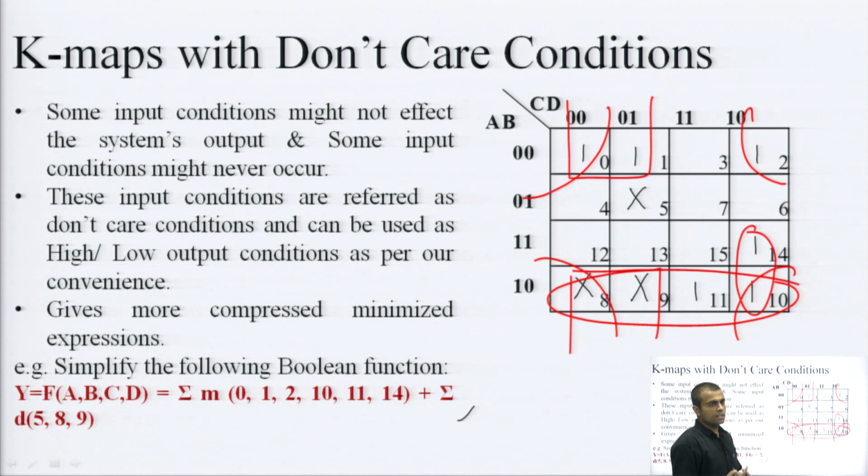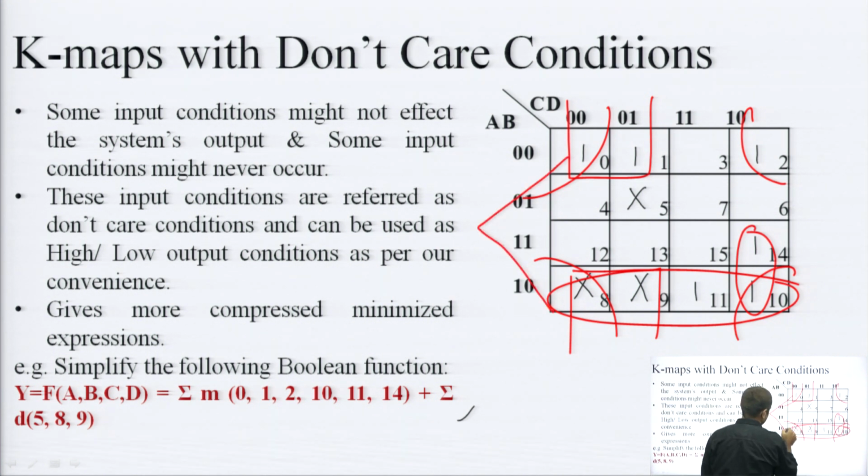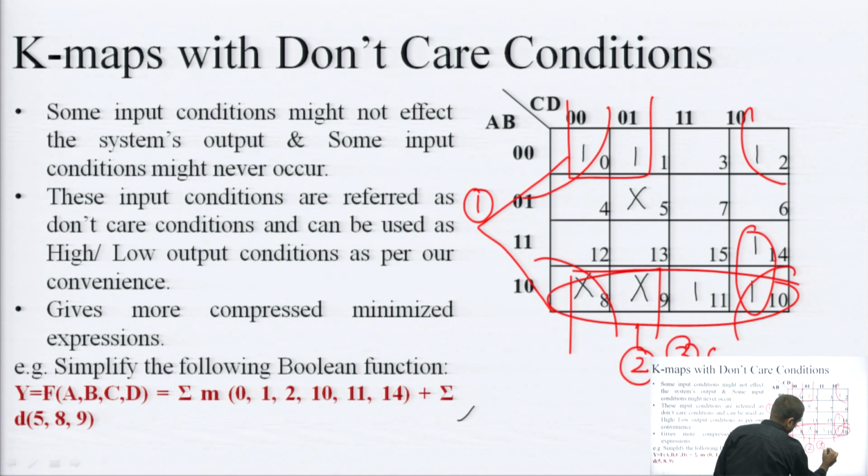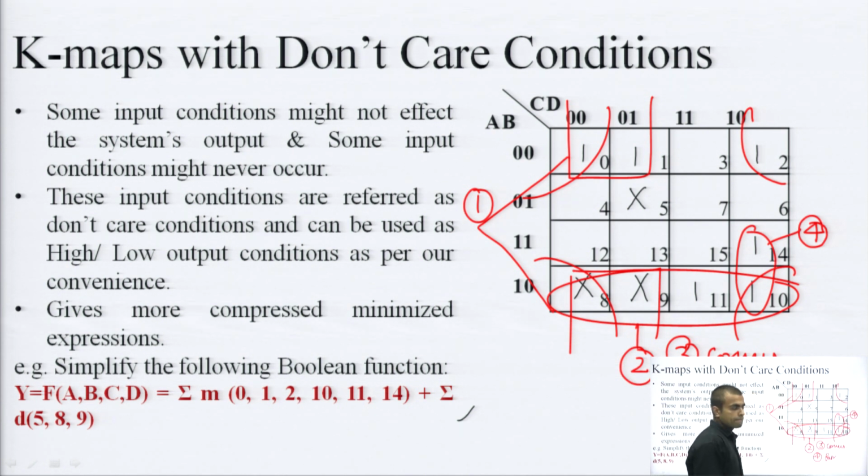So, there are 3 quads and 1 pair. This is my first quad, this is my second quad and third quad is corners and fourth one is a pair. So, these are the different grouping possibilities.